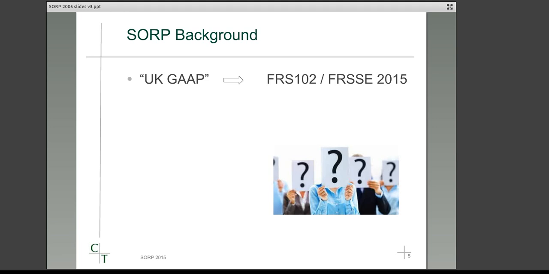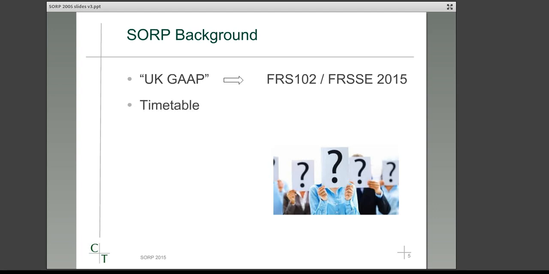The existing UK GAAP is to be replaced entirely by Financial Reporting Standard 102 or the Financial Reporting Standard for Smaller Entities 2015. So because we have these large whole-scale changes to the UK general financial reporting environment, we now have to reflect these changes within the charity Statement of Recommended Practice.